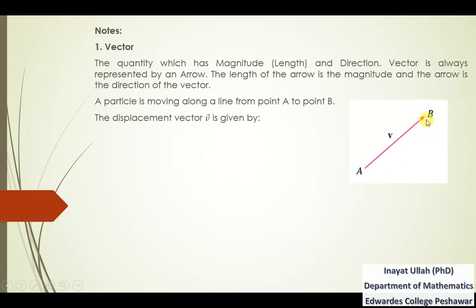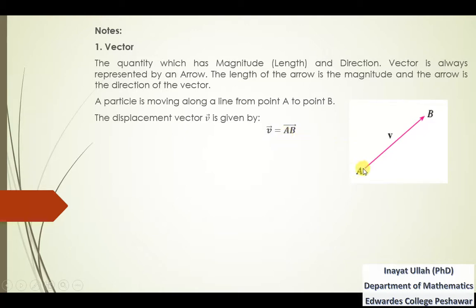This displacement vector V is represented by the AB vector, that is the starting point of the vector, and that is the end point of the vector.